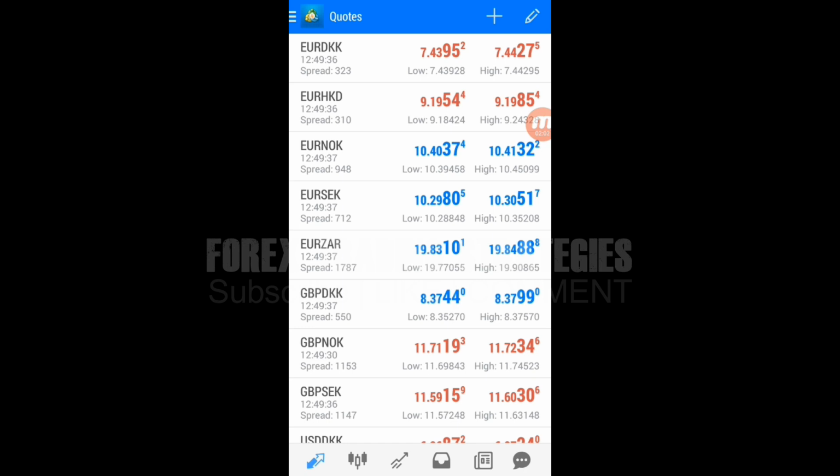I started trading on an old Pentium laptop because that's what I had, and the phone that I had back then could not even take MetaTrader 4, so I had to start from somewhere. So my phone is loaded with MetaTrader 4 and MetaTrader 5 for my Forex trading and my indices trading.